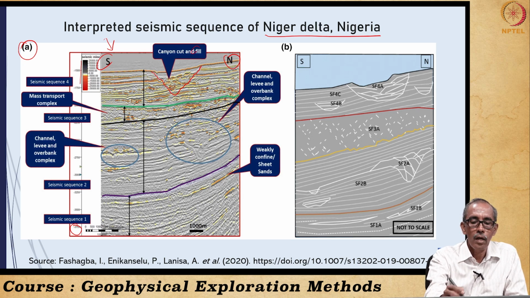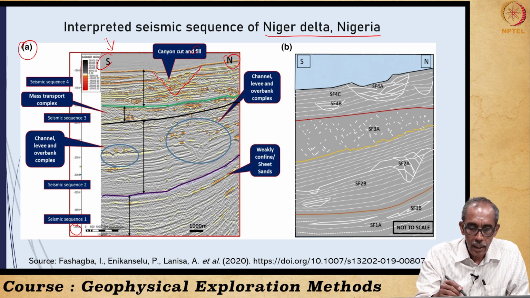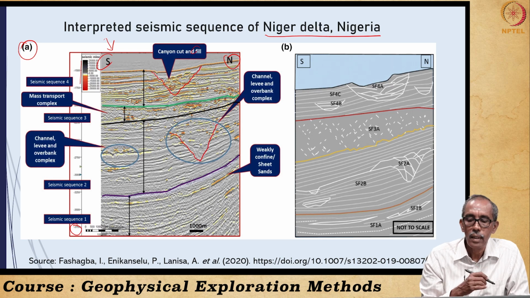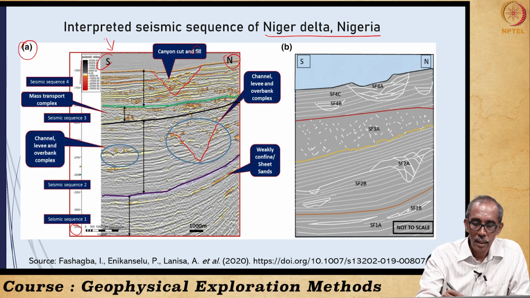Subsequently, it got filled also. Similarly, wherever you can see, here too I can see something like a canyon or a river that has cut this, and also you see some channel would have been formed here too, right.